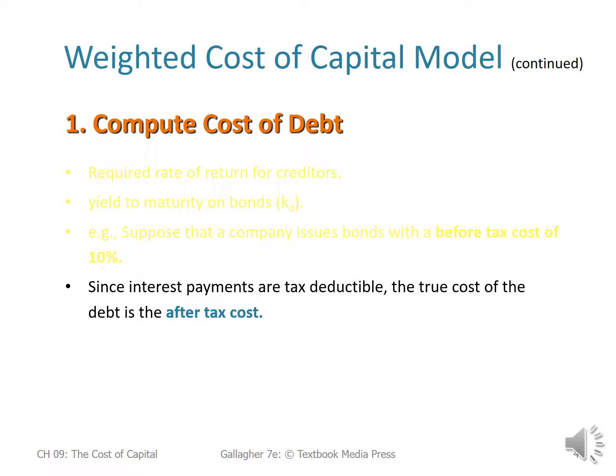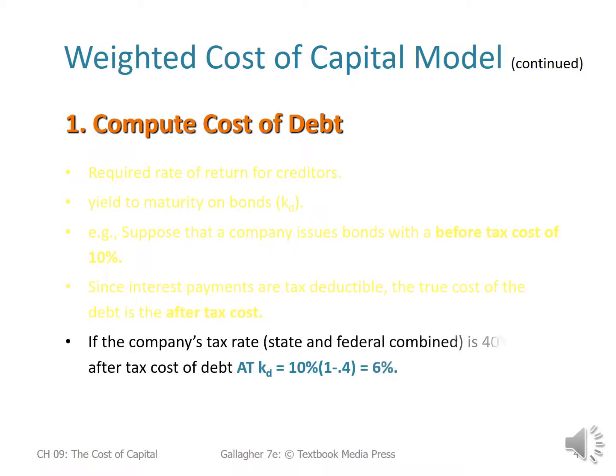Since interest payments are tax deductible, the true cost of the debt is the after-tax cost. If the company's tax rate, the state and the federal combined, is 40%, the after-tax cost of debt is 10% times 1 minus 40%, which is 6%.